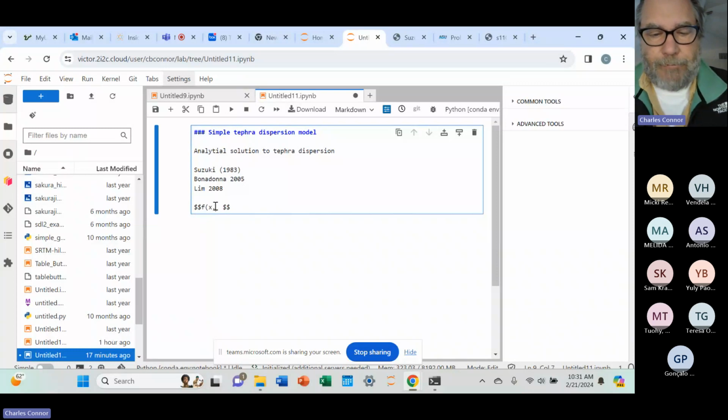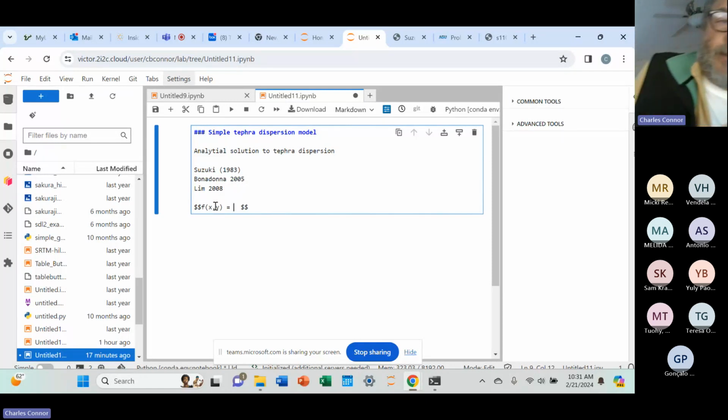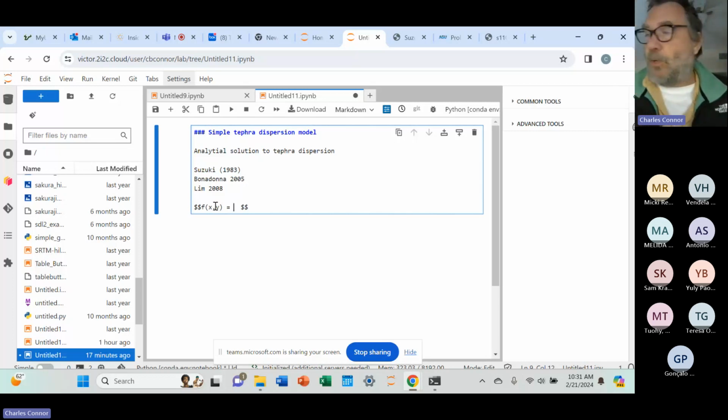So we're solving for f of x, y. That's on the left-hand side of the equation. That's the mass loading or volume loading of tephra at a point x, y due to the volcanic eruption. And the first thing in Lingling's equation is this sort of amplitude term. And that amplitude term was related to the settling velocity.